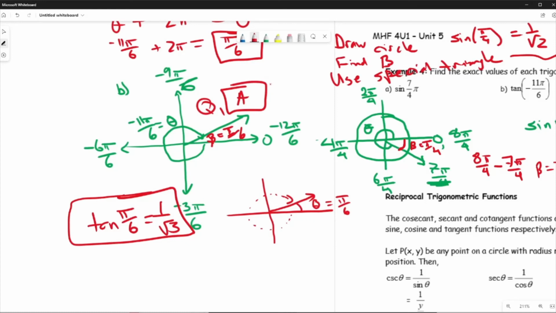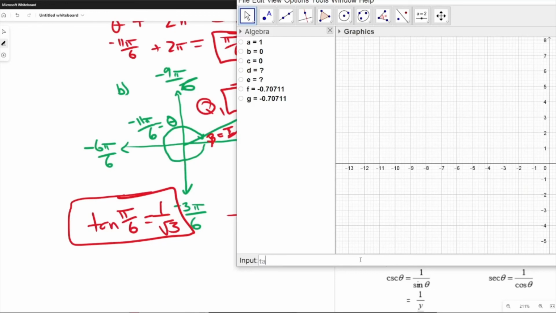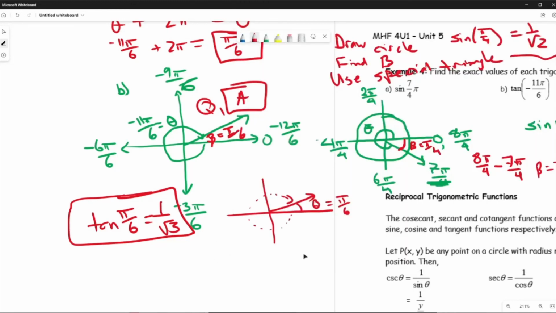So I don't need to make it negative, I just give the answer. Let's confirm. Tan of negative 11 pi over 6 is equal to that, which, by the way, is the same as tan regular pi over 6, and it's the same thing as 1 over square root 3. Okay? So this is where what I'm saying about how to deal with negative numbers comes in hopefully handy.